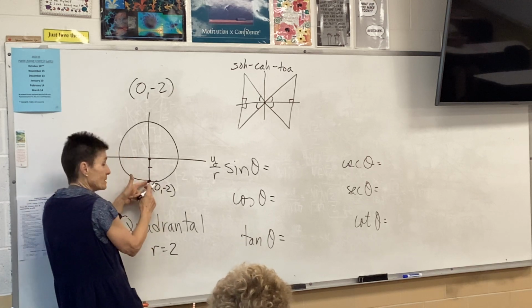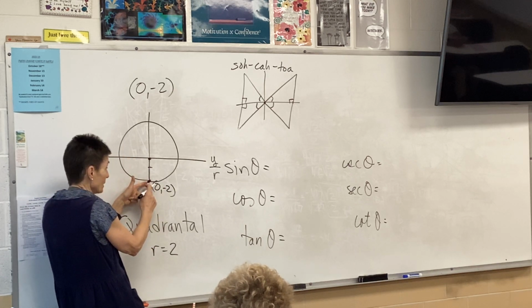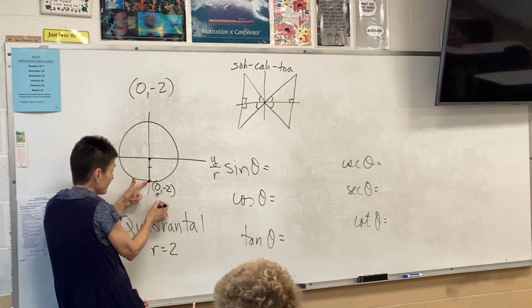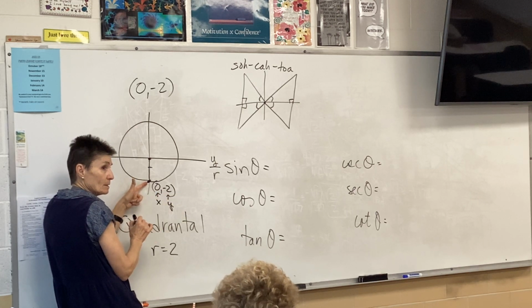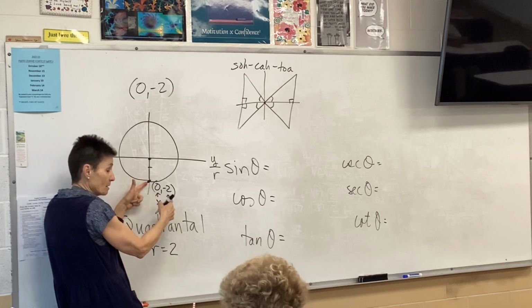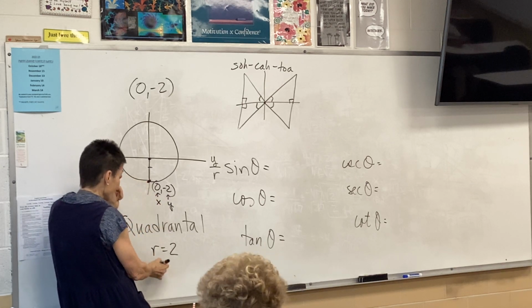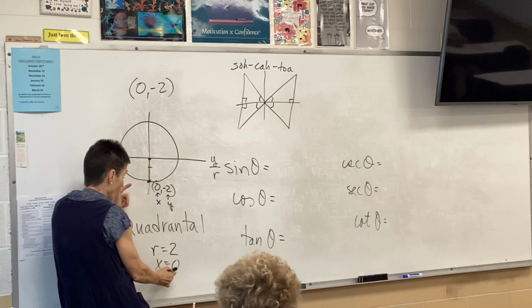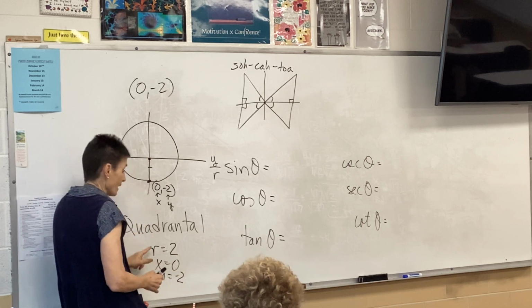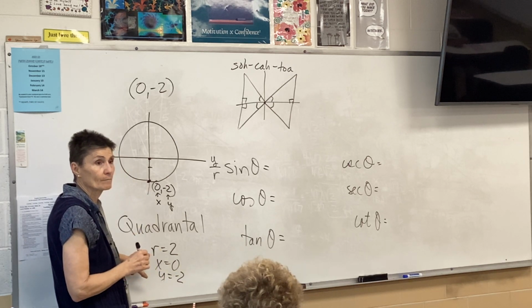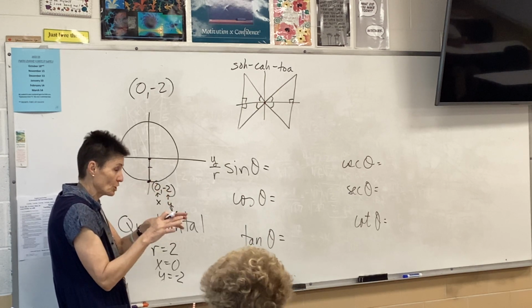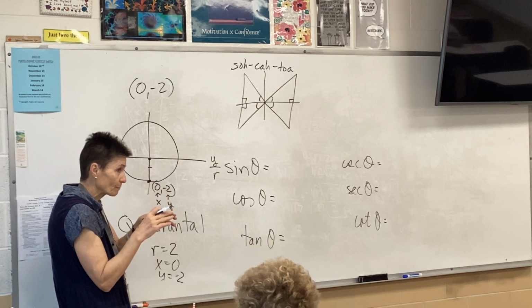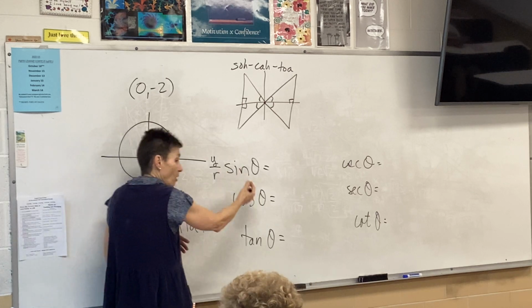This point was given to me. This is the x, and this is the y of the point. So I know that x is 0, y is -2, and r is 2. Looking at the definitions, can we now fill all these in?